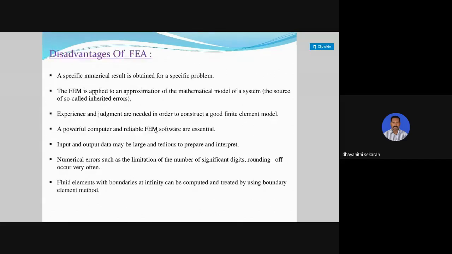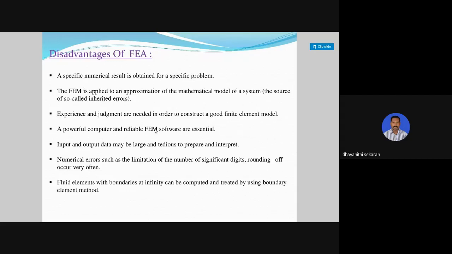Disadvantages of FEA. A specific numerical result is obtained for a specific problem. The finite element method is applied on an approximation of the mathematical model of a system, the source of so-called inherited errors. Experience and judgment are needed in order to construct a good finite element model. A powerful computer and reliable FEM software are essential.